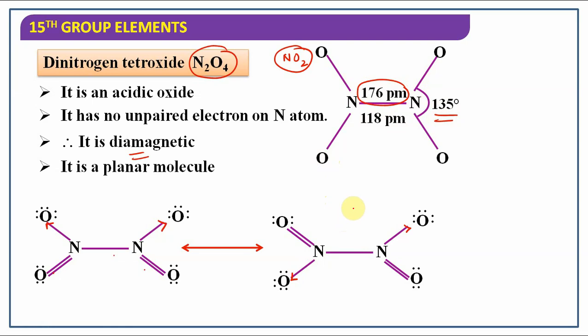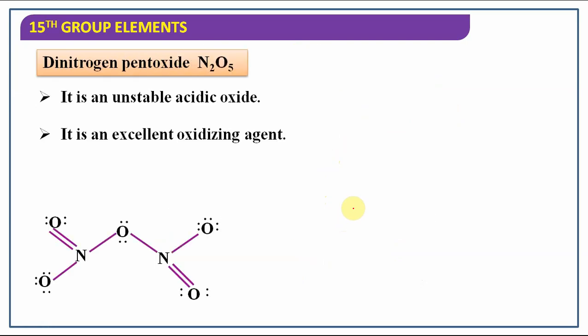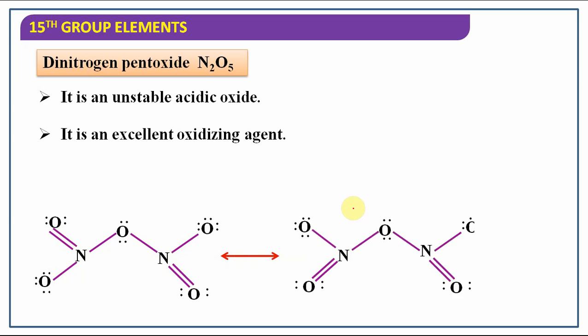Dinitrogen pentoxide is the most unstable acidic oxide, and moreover it is the best example of an oxidizing agent also. Nitrogen pentoxide is an example of an oxidizing agent also, right? You can check the structure carefully. N-O-N. Generally, no other oxide of nitrogen has an N-O-N bond here.